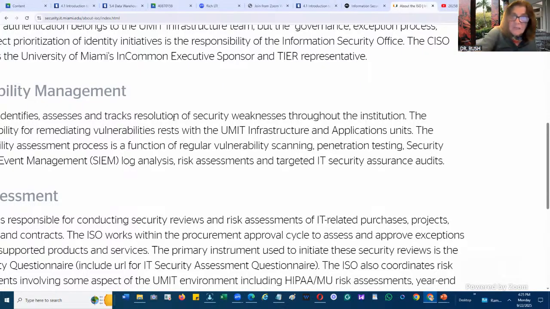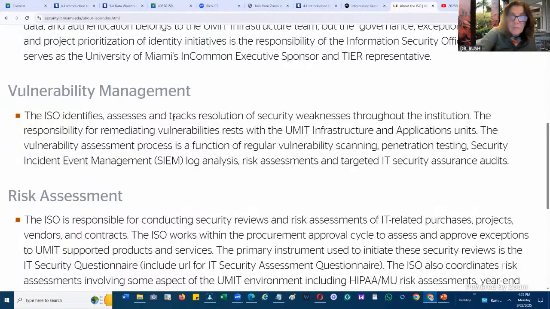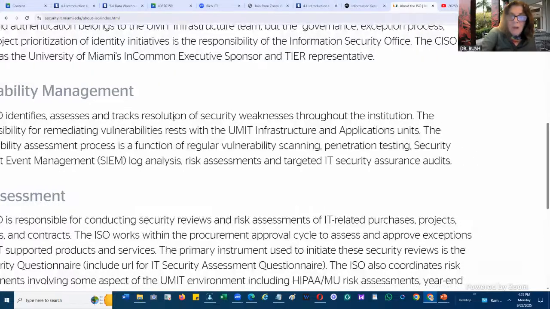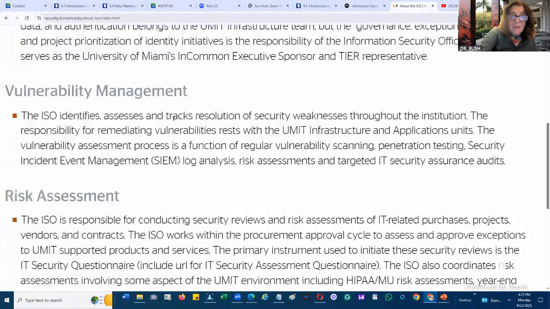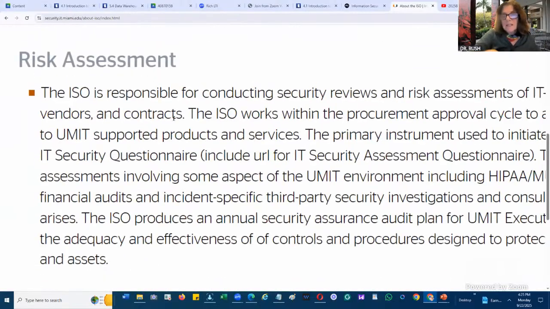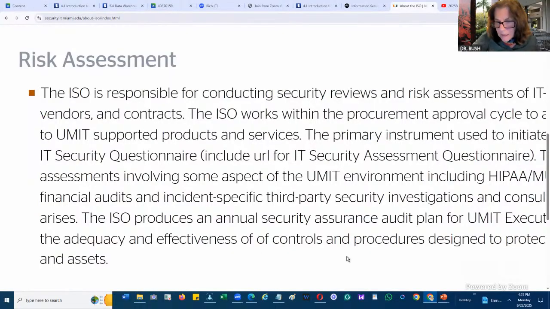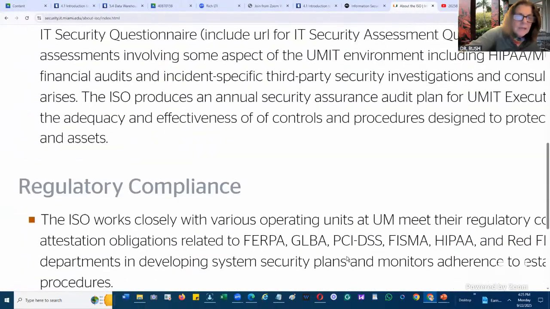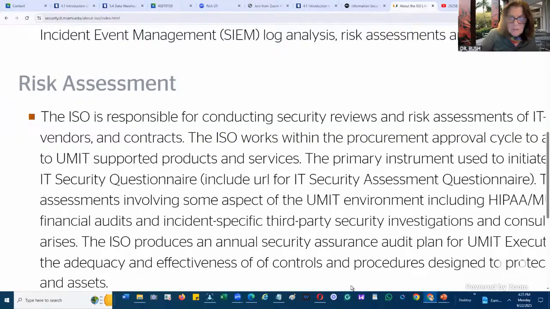No. It's their responsibility not only to identify it, assess what the vulnerability is, and track it, but to find a resolution and then assign the risk assessment. They have to do risk assessment and regulatory compliance. What is risk assessment?